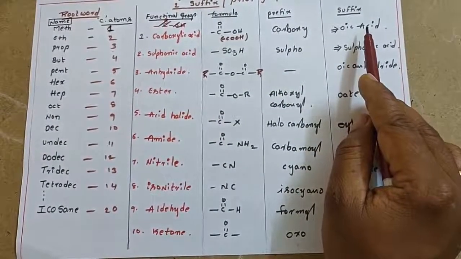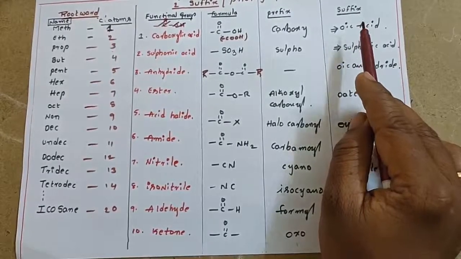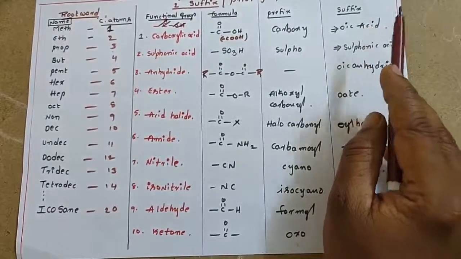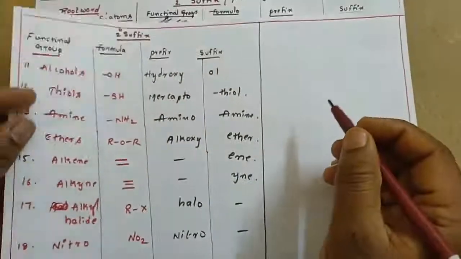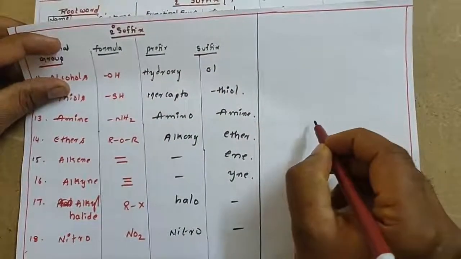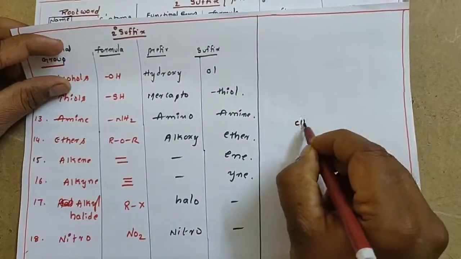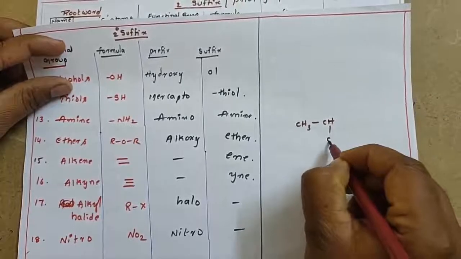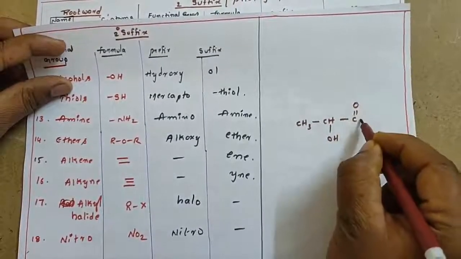That is very important. Suppose one organic compound contains two functional groups. Let me take an example. See this organic compound. In this organic compound, you may observe two functional groups.